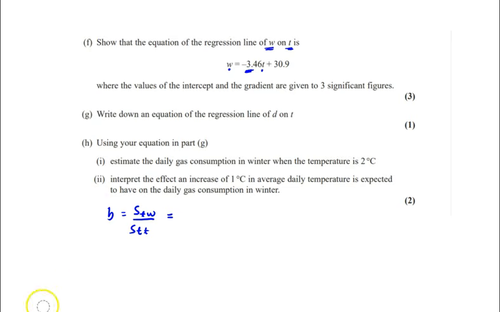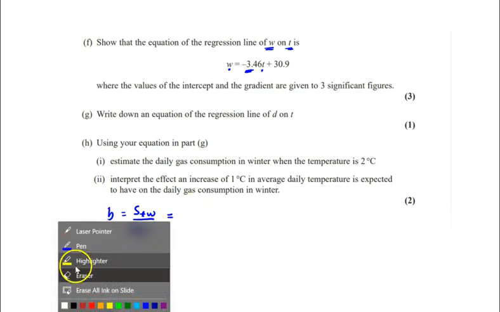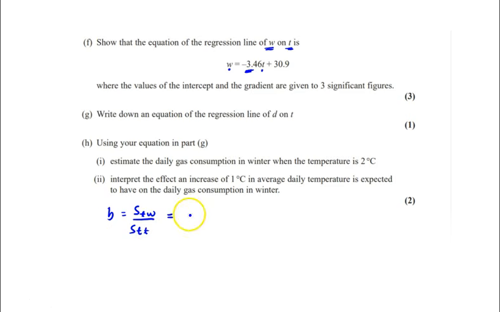So we have negative 91.555 over S_TT. S_TT was also 26.43. Then you can have your answer. This is going to be exactly the same answer as before. When you round it up to 3 significant figures, you end up with the same value, 3.46.